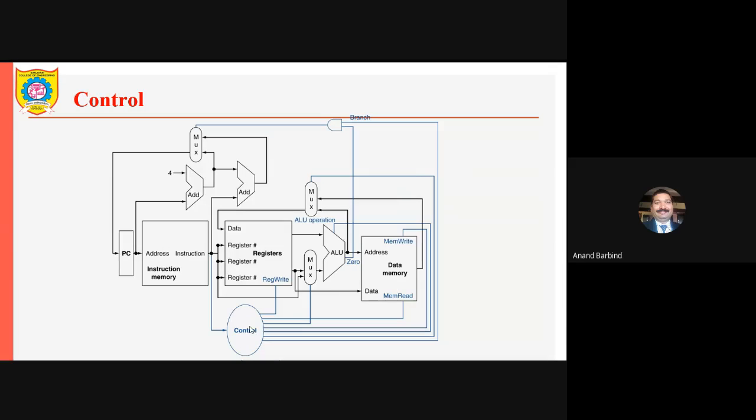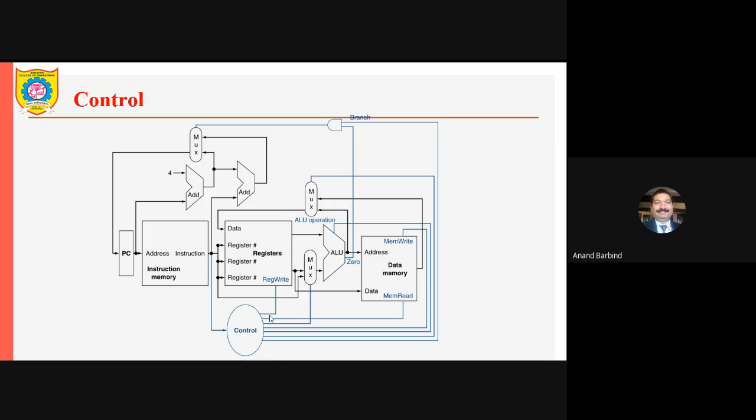Here you can see that the control unit input is taken from the instruction. It first decodes the instruction which is fetched from the instruction memory, and from the decoded instruction, the control unit generates the control signals.